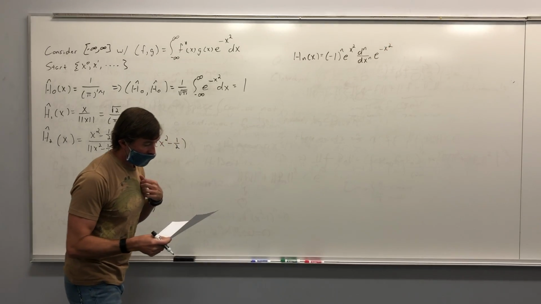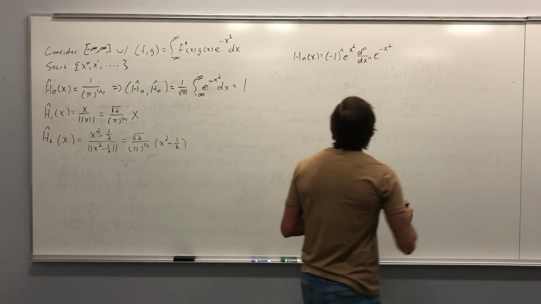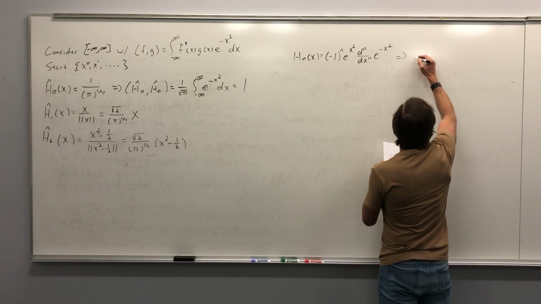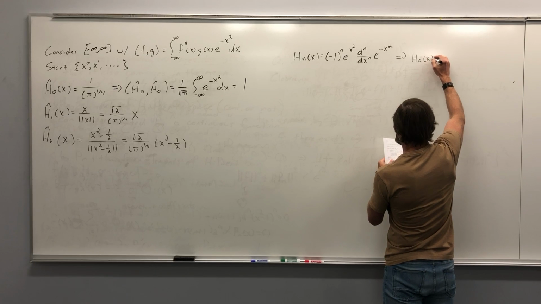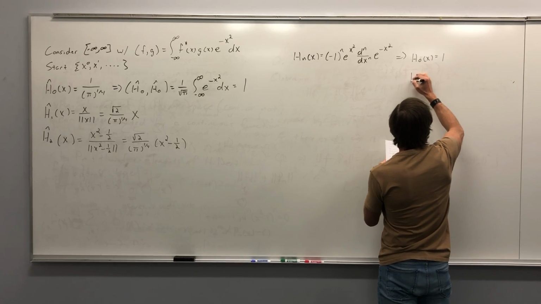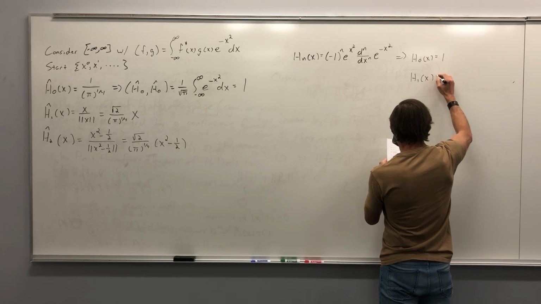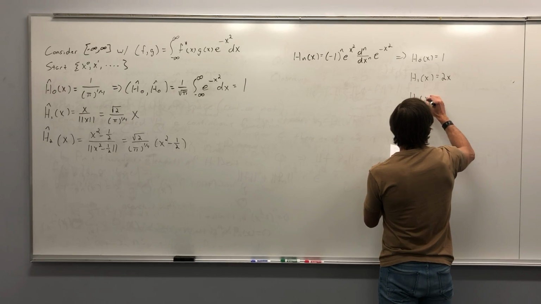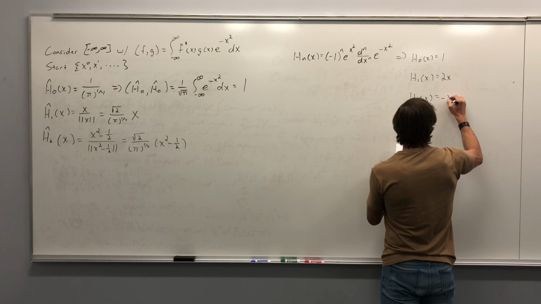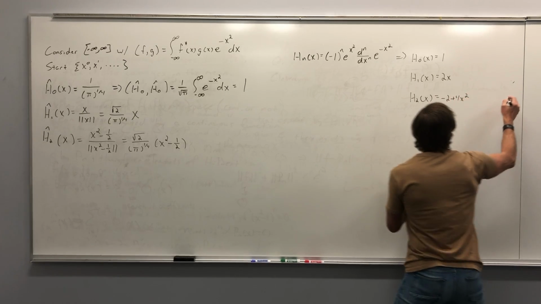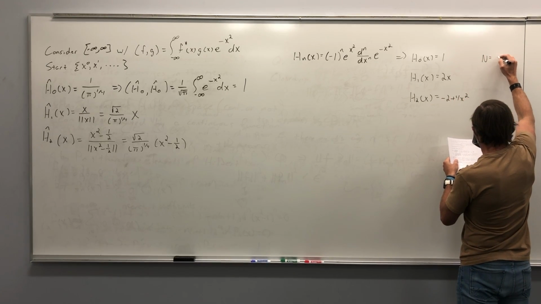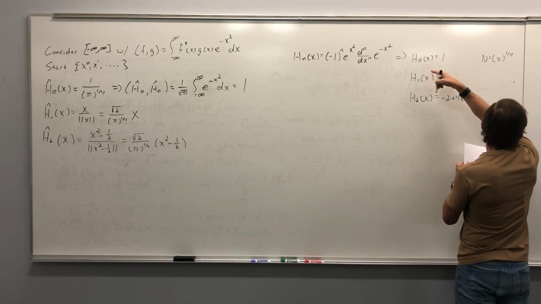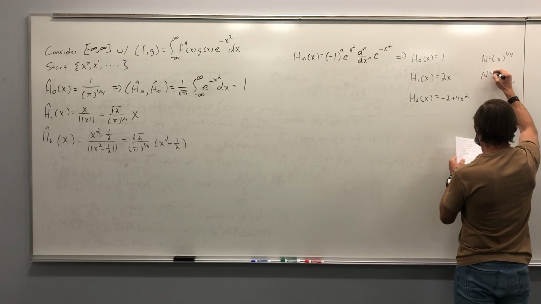If we utilize this formula to find those expressions, what we get is h0 of x ends up being 1, h1 of x ends up being 2x, h2 of x is equal to minus 2 plus 4x squared. So this just tells you what your normalization factors are. That is, 1 over N times these gives you an orthonormal basis.